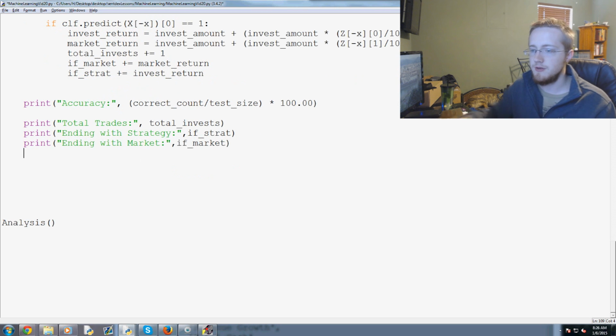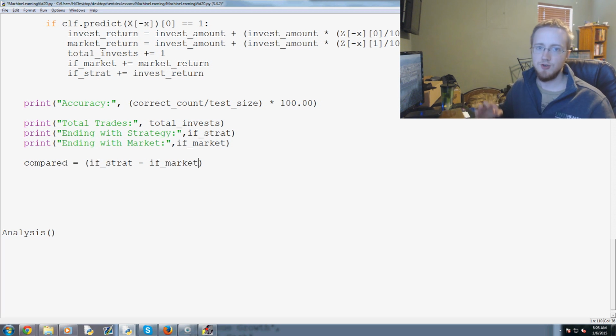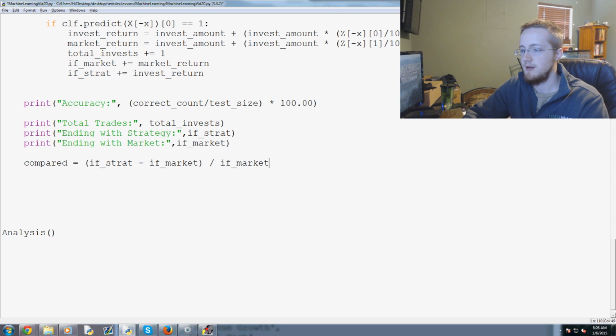And then now what we want to go ahead and do is a comparison. So what we'll do is we'll say compared, and that's going to equal if_strat minus if_market. So that's the difference of the strategy compared to the market. So that's our difference divided by if_market. I guess we could actually do if_strat there. I guess we're comparing it to the market, so we'll do that.